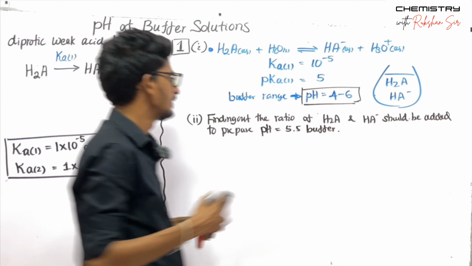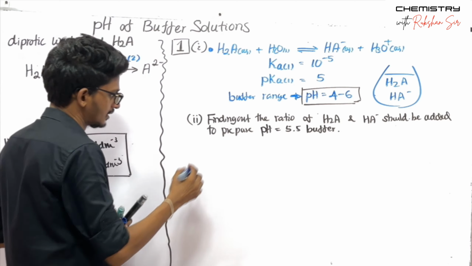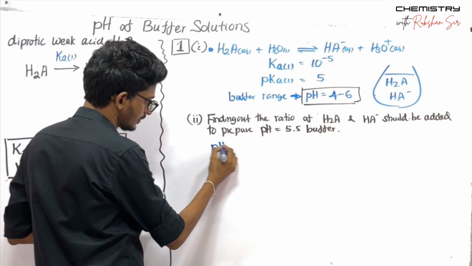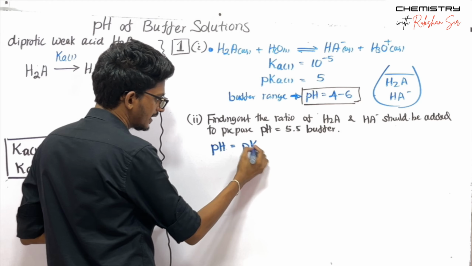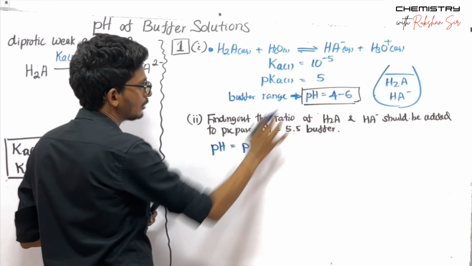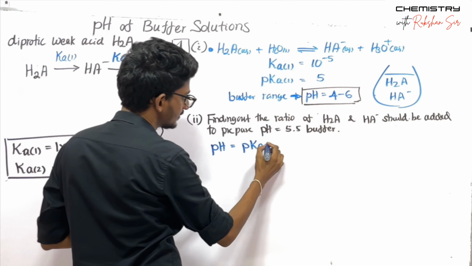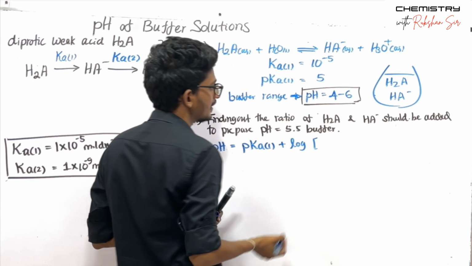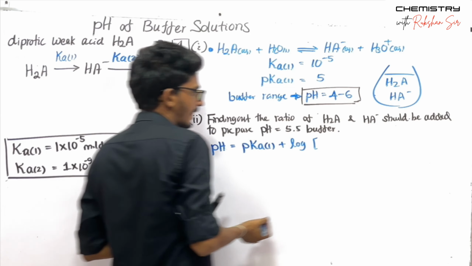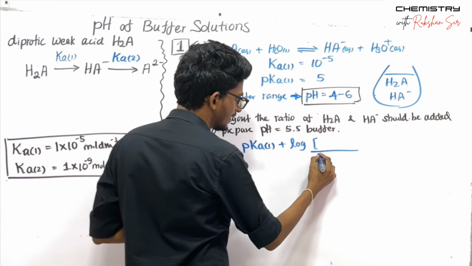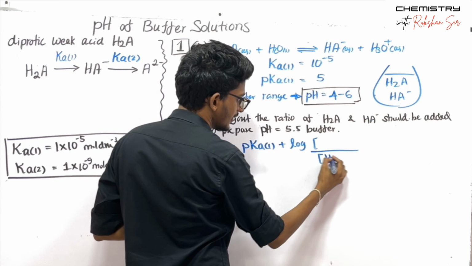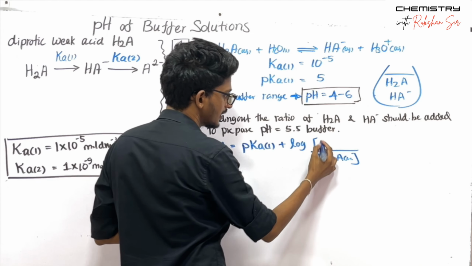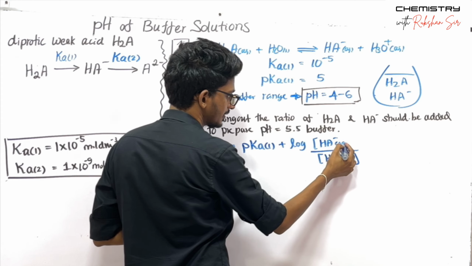For this, we can come up with the Henderson's equation. See? So your pH is equal to pKa. Here this is pKa1. We are using this formula: pKa1 plus log, Henderson's equation, with the acid at the bottom, the acid out of these two guys being H2A, and the base at the top, HA minus, its conjugate base, right?